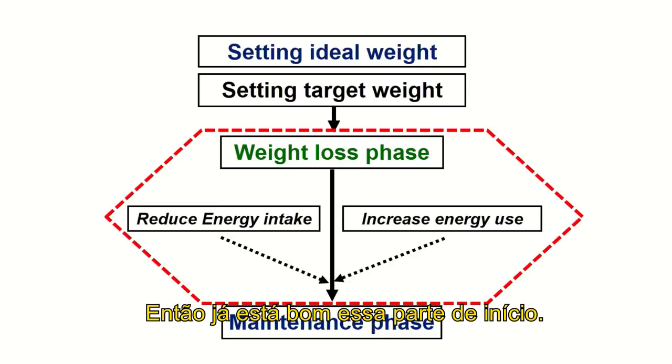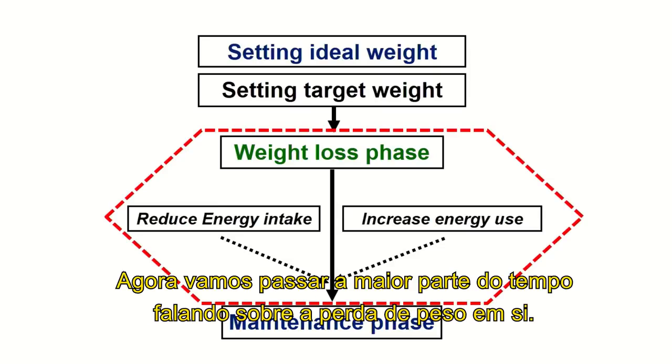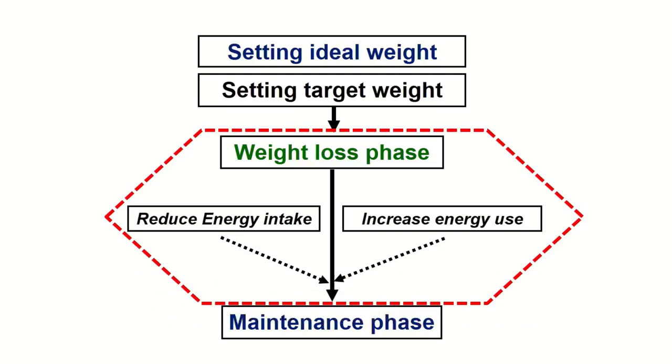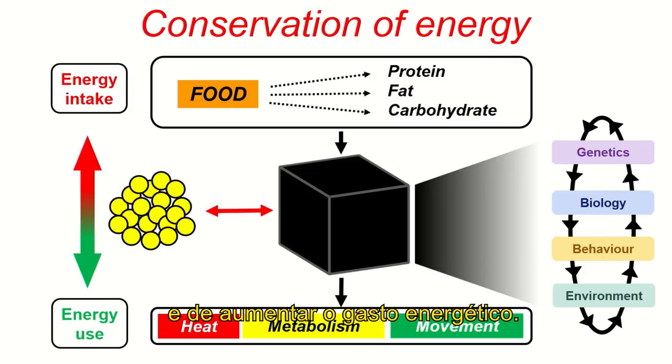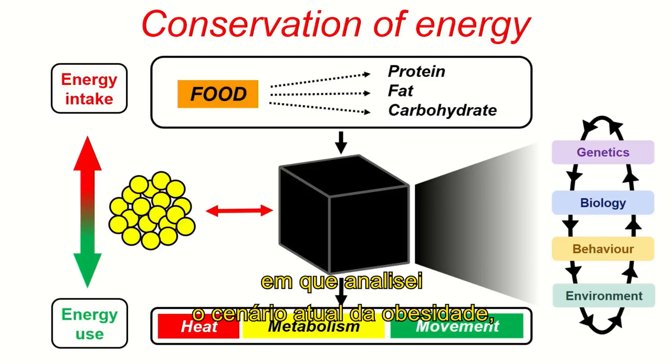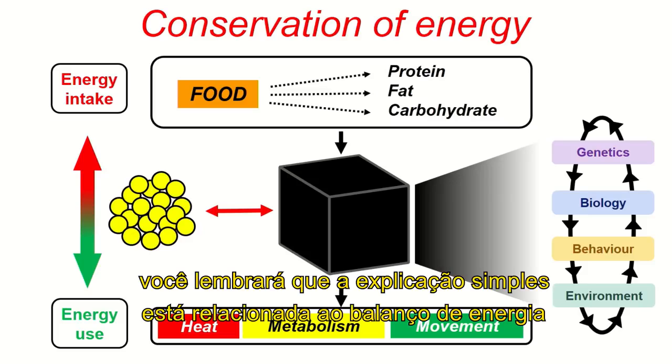So that's probably enough about getting things started. Now let's spend most time talking about weight loss itself. And remember, I've told you about energy intake reduction and increased expenditure. If you listen to a previous talk of mine looking at the current scenario of obesity, you'll remember the simple explanation is related to energy balance.